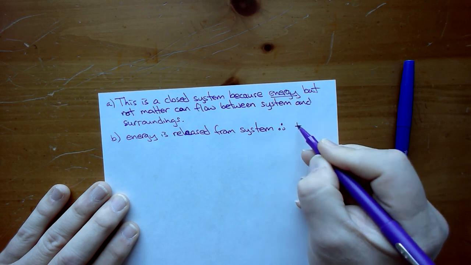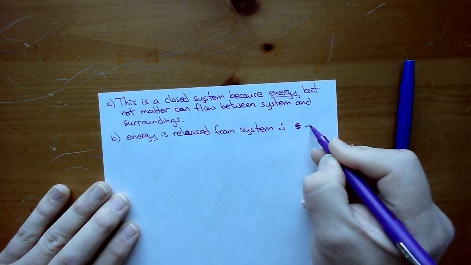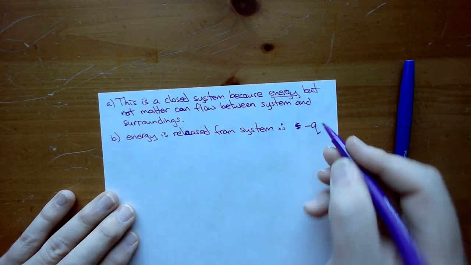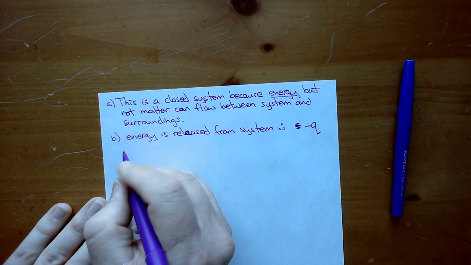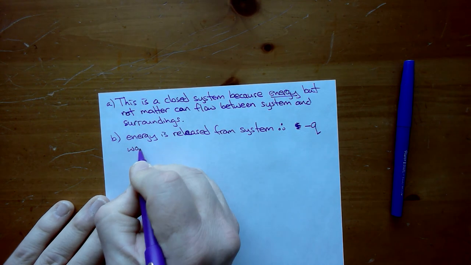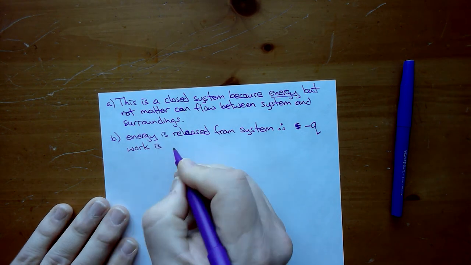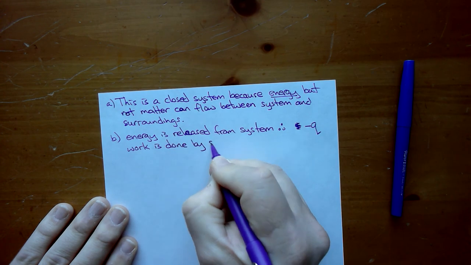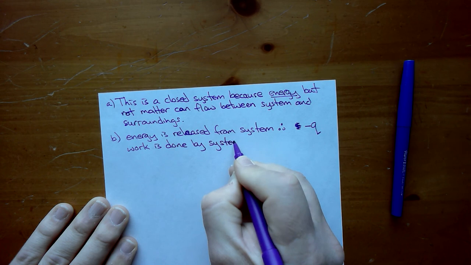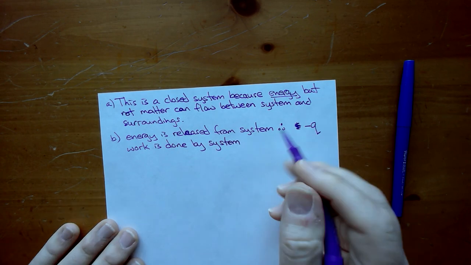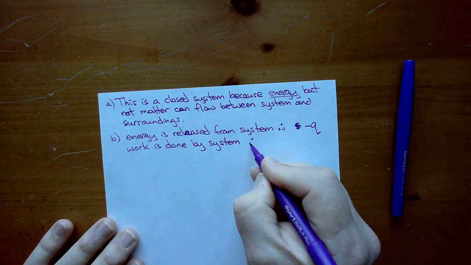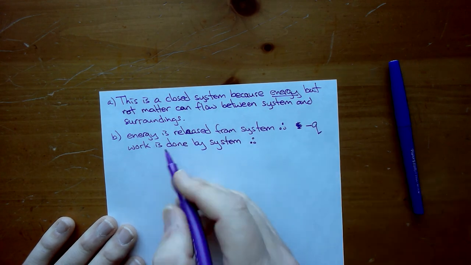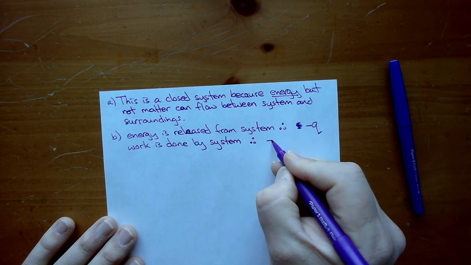No, it's negative Q. Energy is released from the system to the surroundings, so it's negative Q. And then in this case, work is done by the system. And so also energy is going from the system to the surroundings because work is done by the system. So this is a negative W.